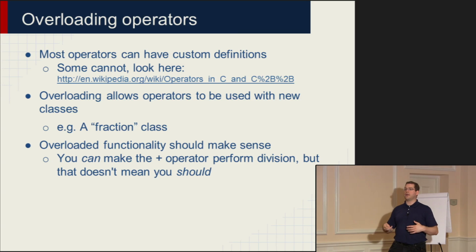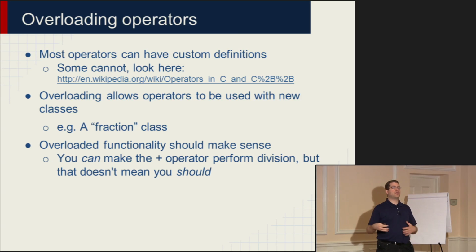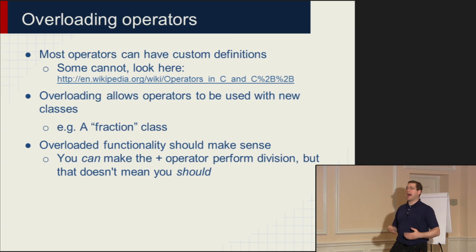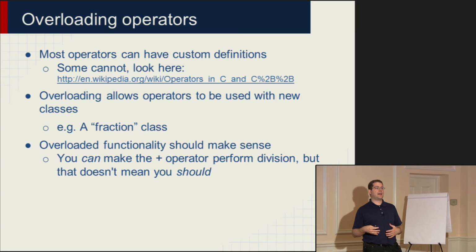For example, if you wanted to make a fraction class, there is no fraction class in C++, but if you wanted to have that functionality, you could create one and then use the overloaded operators to act upon it similar to other numbers. The one limitation you want to think about when you're doing operator overloading is that you want the operators to make sense.